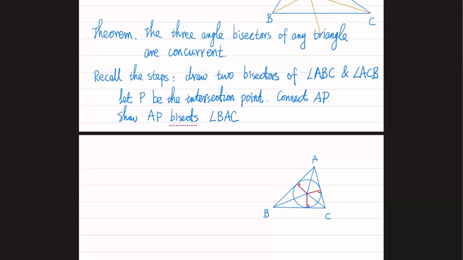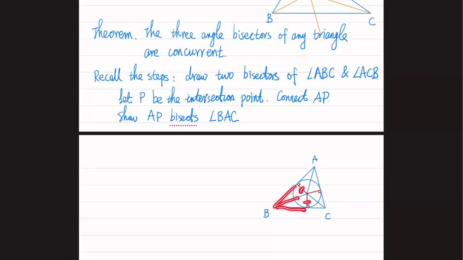I'm not sure if this refreshes your memory of our homework. In our homework, we find the intersection point. Then we draw three perpendicular lines. We showed that these two triangles are congruent.